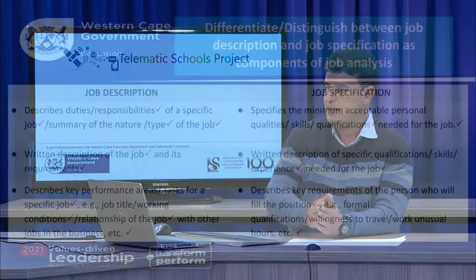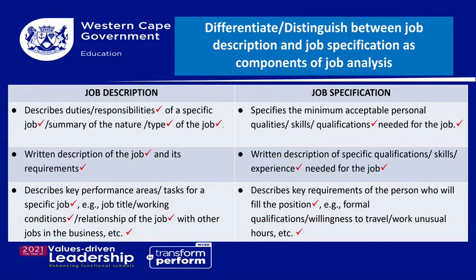Right, so I'm going to continue to the next slide. The next slide says, differentiate or distinguish. Those two words mean exactly the same thing between a job description and a job specification as components of a job analysis.